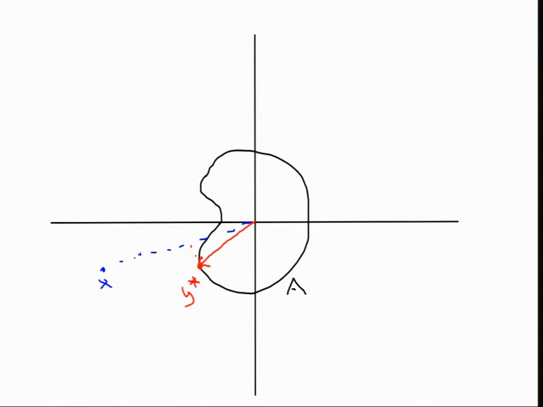I take this vector x to be the normal to some plane, and I should try to align the plane such that the normal of the plane is pointing towards x, and then I push it down towards the set until it just touches this point y, and that would be the maximizer in that problem. And it turns out that if I define a function of x in this way, then I get a convex function.